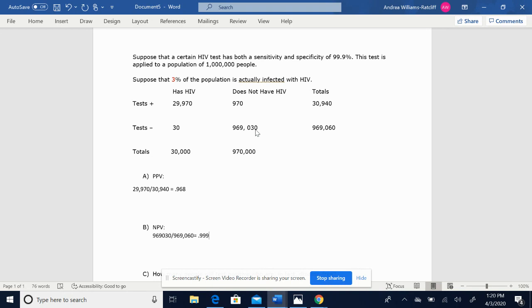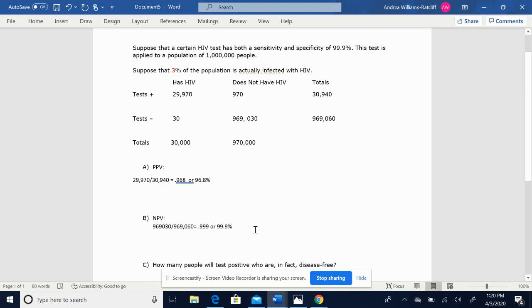If we do it as a decimal, this is what we get. If we were to write these as percentages, we will be looking at this as a percent, and down here, 99.9%.